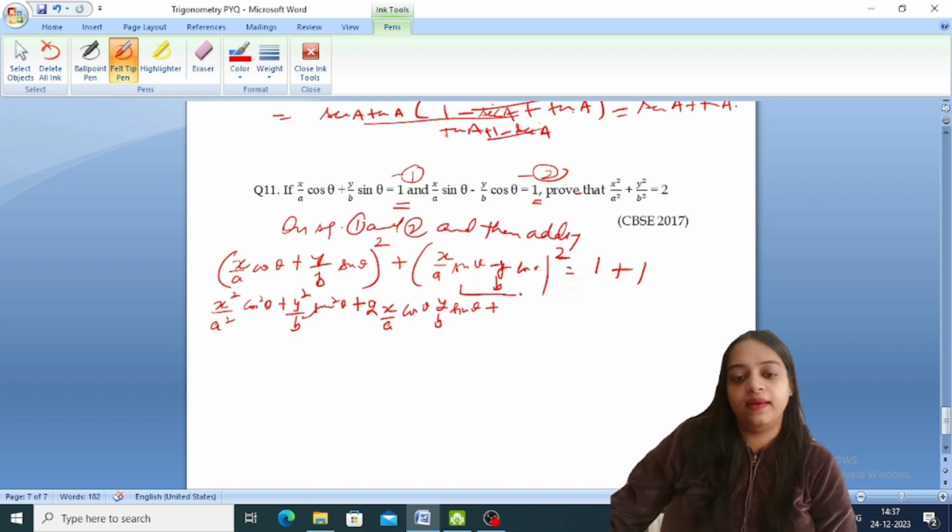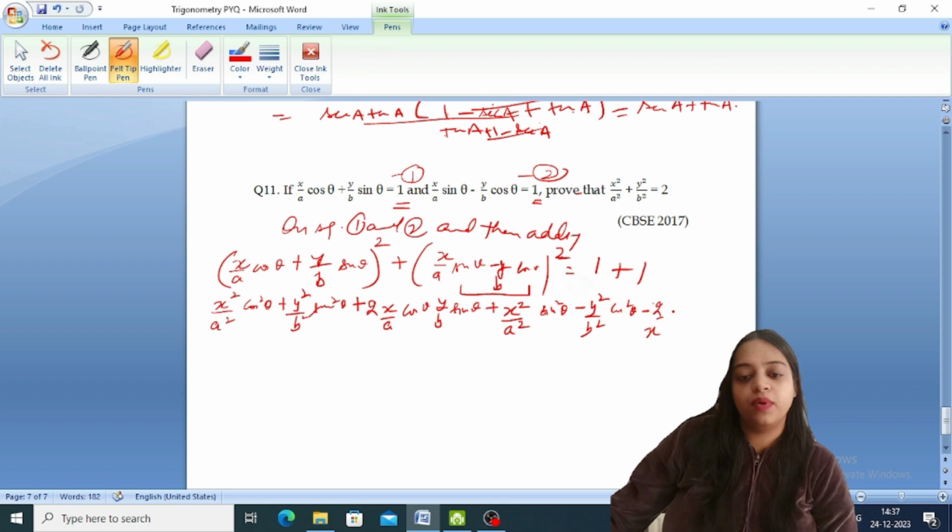Again applying here a minus b whole square. It is x square upon a square sin square theta plus y square upon b square cos square theta minus 2x upon a sin theta and y upon b cos theta, which is equals to 2. Observe this thing now. These two terms are same. This is plus 2, this is minus 2, so it cancels out.